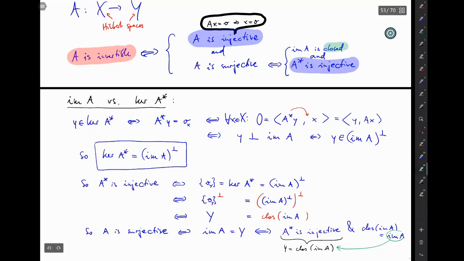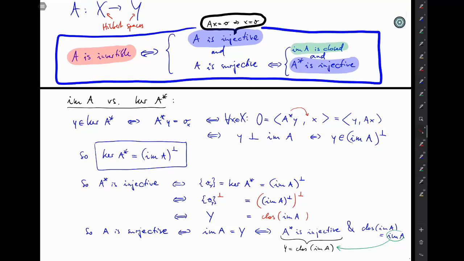You also need the image of A to be closed. These three conditions are equivalent to invertibility of A. Let's try to frame that very important statement. Okay, and here's my long announced example showing that we cannot neglect the green condition.